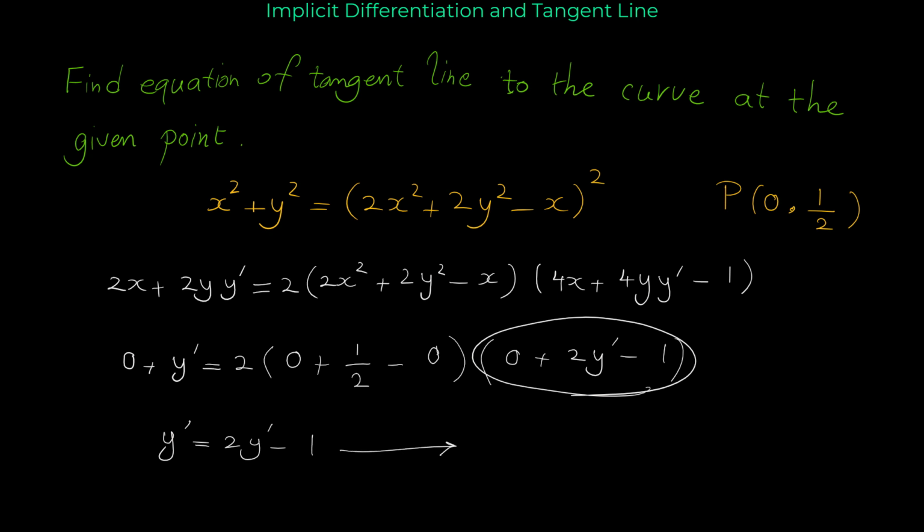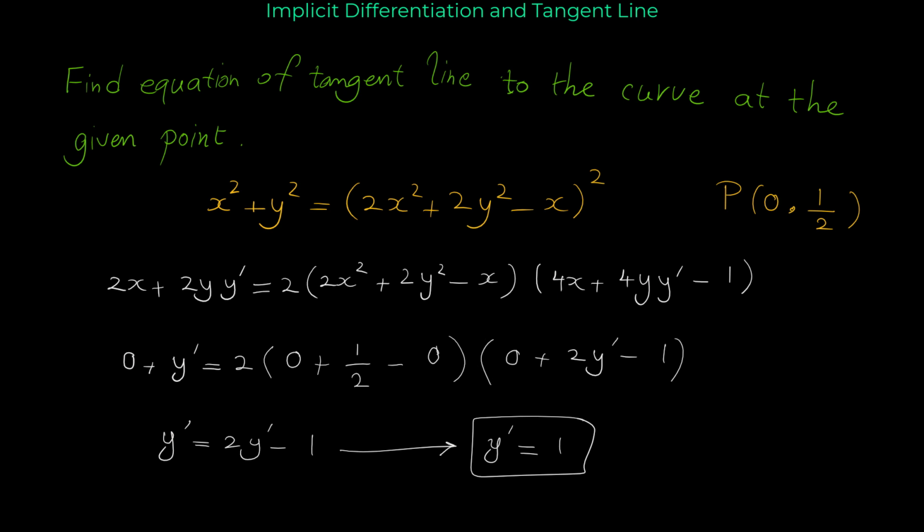And from this, if we subtract y prime from both sides and we add 1 to both sides of the equation, simply we have y prime equals 1. So the slope of the tangent line at this particular point is 1.